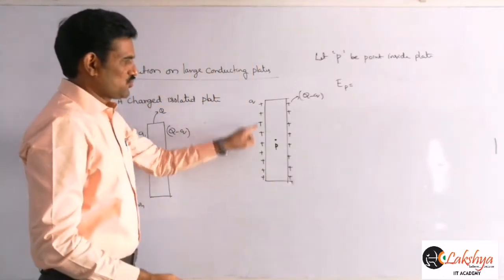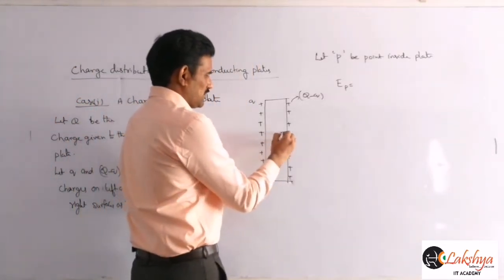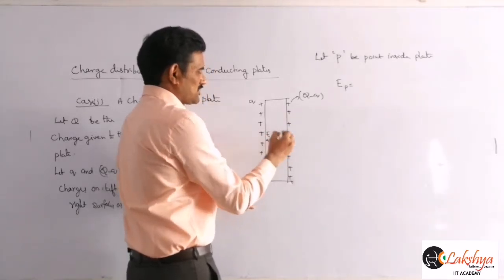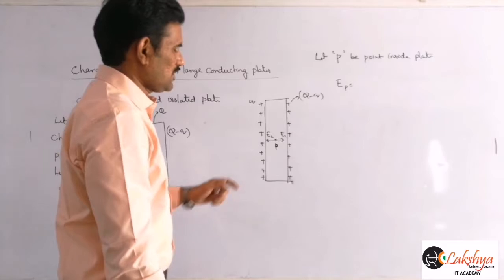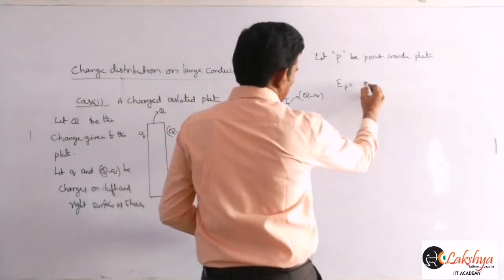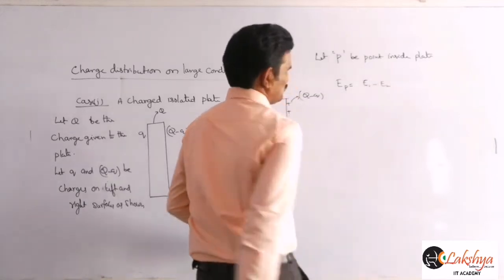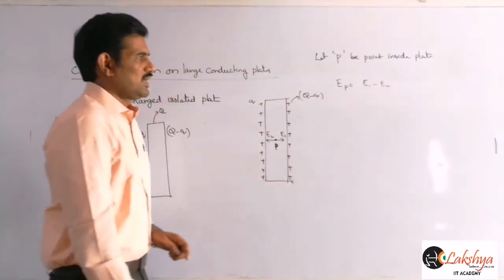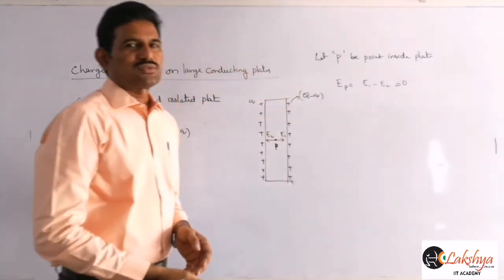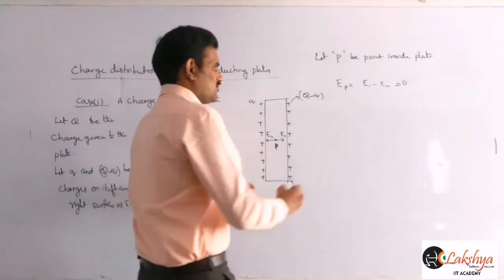The electric field due to this charge will be along this direction, away from it, let it be E1, and the electric field due to this will be E2, along this direction. Let A be the area of this plane. Then I can write E1 minus E2, because they are in opposite directions, and this value should be equal to 0, because the point P is inside the conductor. Inside the conductor, the electric field should be equal to 0.